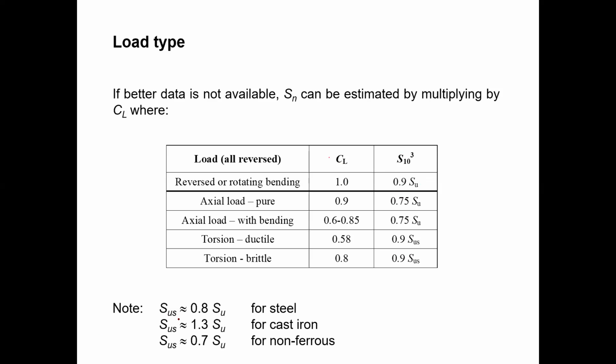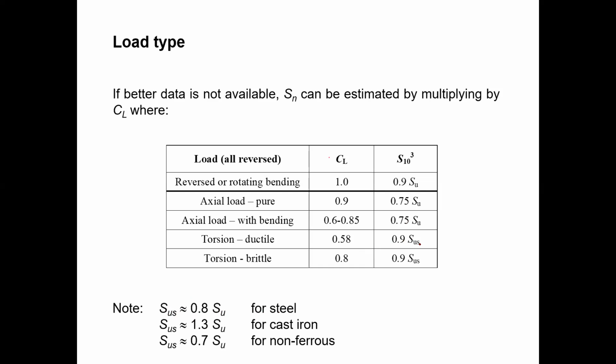So you can see here some of the steel. This is the ultimate strength and ultimate shear strength relationship for this steel. Because when you are going to torsional load, we don't have the ultimate tensile strength.